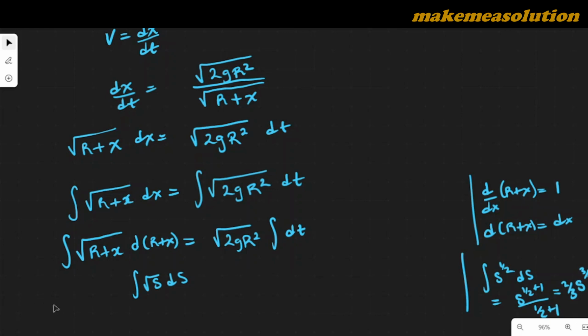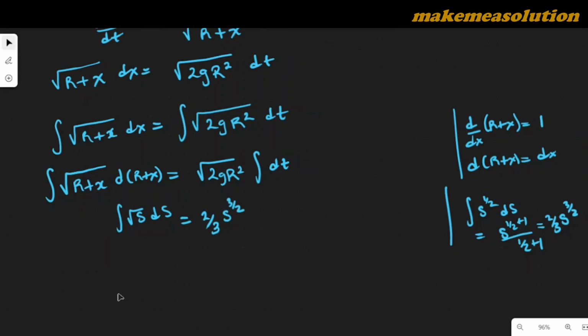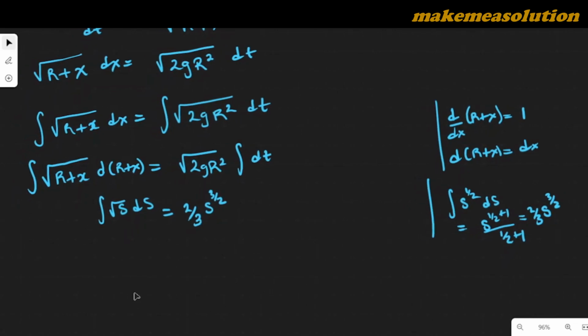Okay, for short. So when we integrate root something d something, we are going to get 2 over 3 something raised to the power of 3 over 2. So this is the working on the right hand side of the screen.